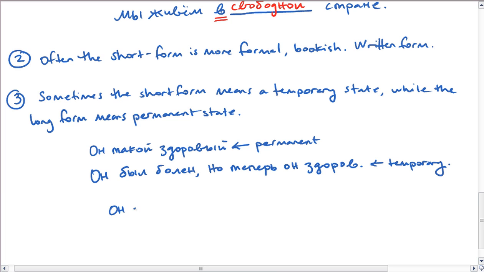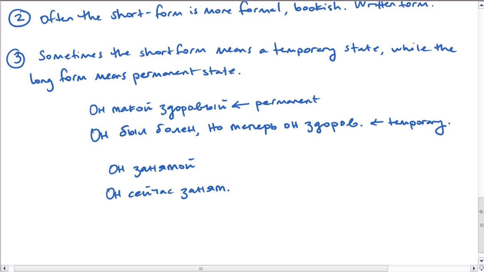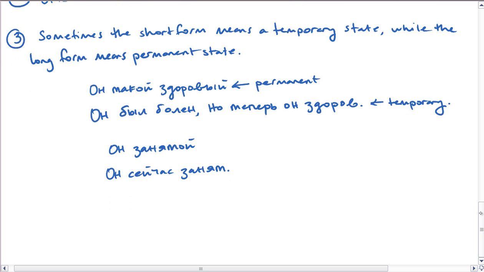So if you say он занятый, you're just saying he's a busy guy. He's always busy. But if you said он сейчас занят, it means that right now he's busy. So that is pretty straightforward.